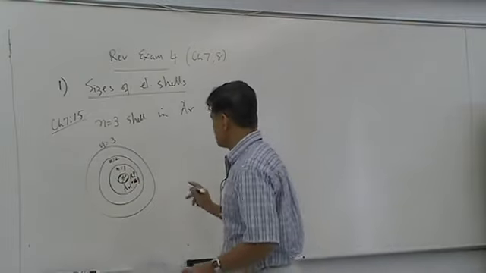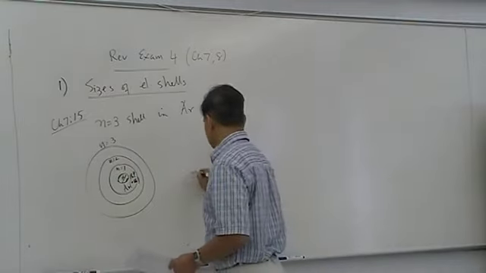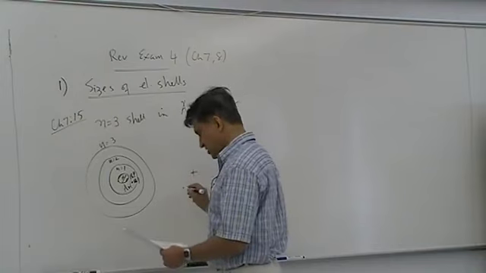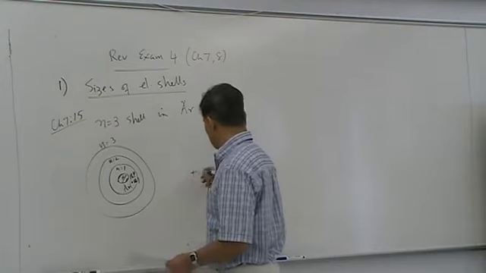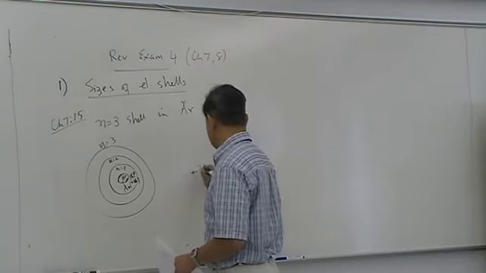Now let's draw the same way for krypton. If you look at the periodic table, the atomic number of krypton is 36. That means krypton has 36 protons, or plus 36.